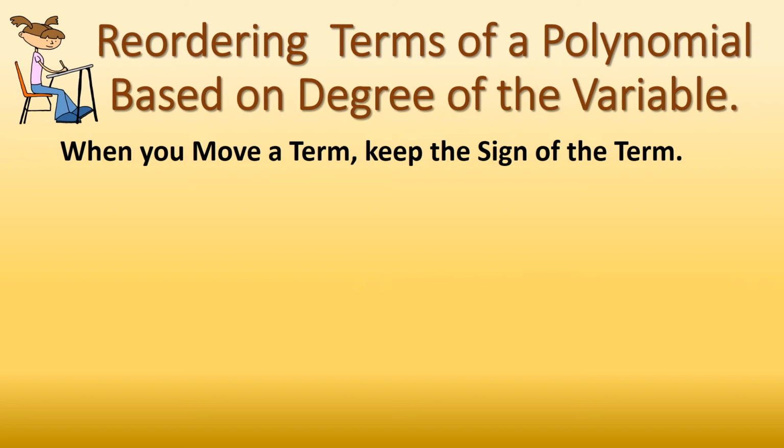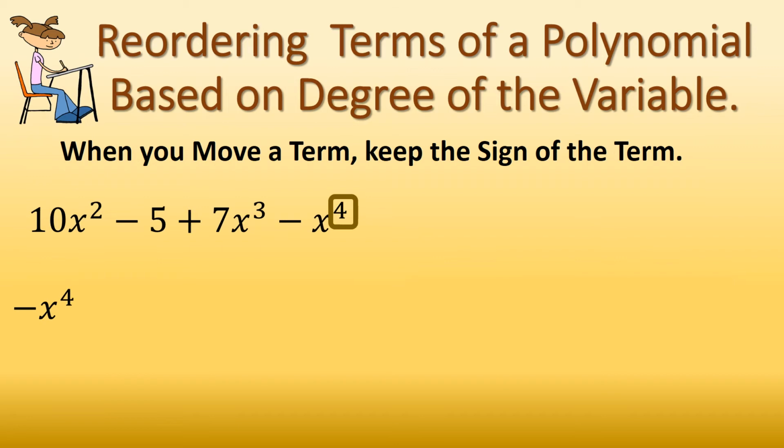Alright, let's look at another one. Where's your biggest power? 4. Yes, notice I moved down the subtraction or the negative sign. So I have negative x to the 4th power. Where's my next biggest degree? There it goes. There's my next biggest exponent.